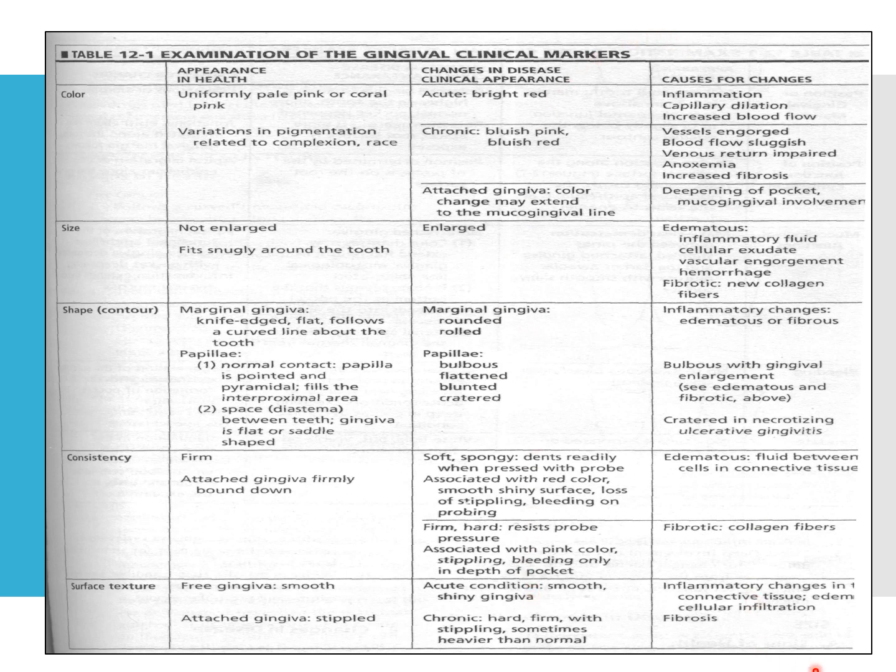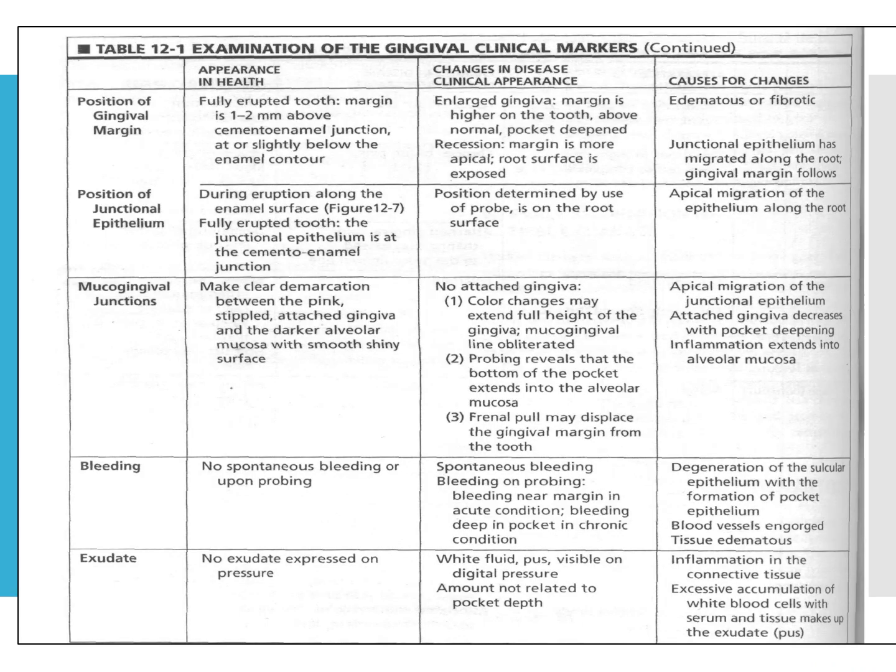You can go through it in detail. It is a continuation: changes in position of the gingival margin, position of the junctional epithelium, mucogingival junctions, bleeding and exudate. You can go through it in detail. So that's all for today. Thank you.